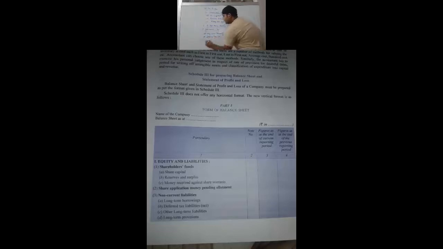Number C will be other long-term liability, and number D will be long-term provision.